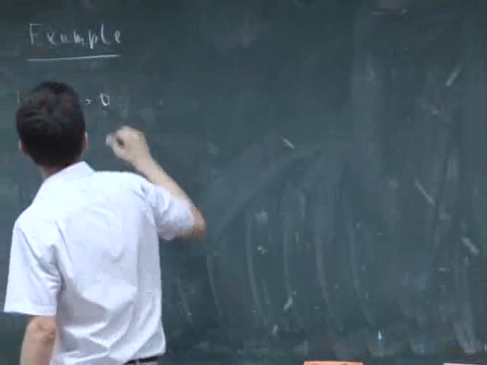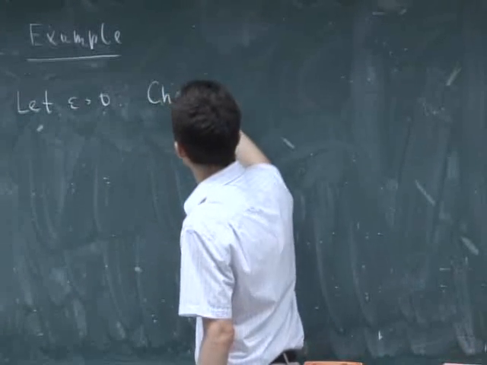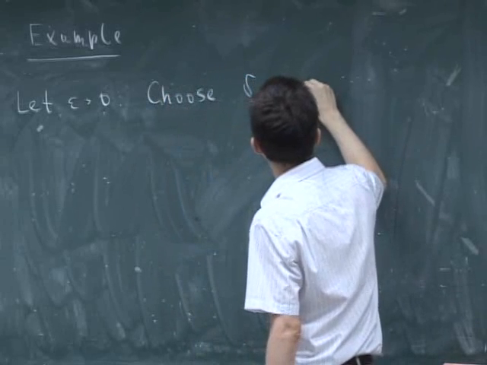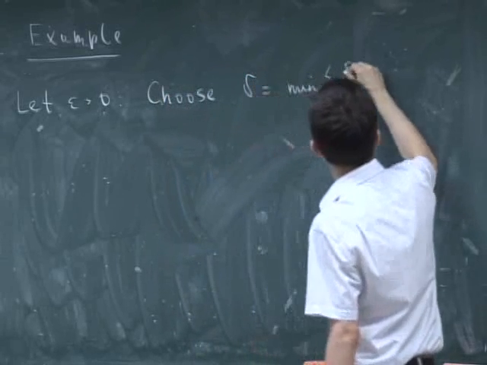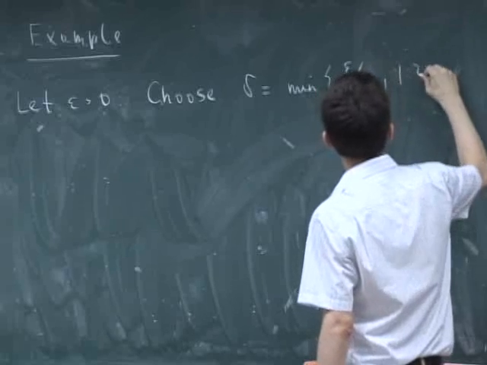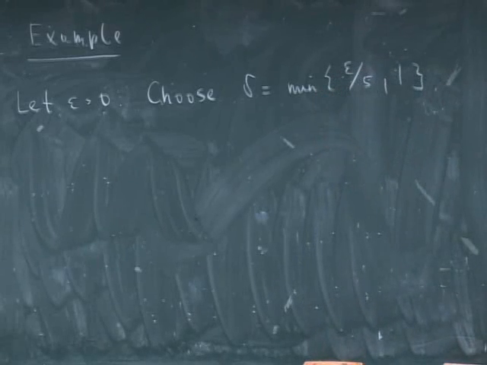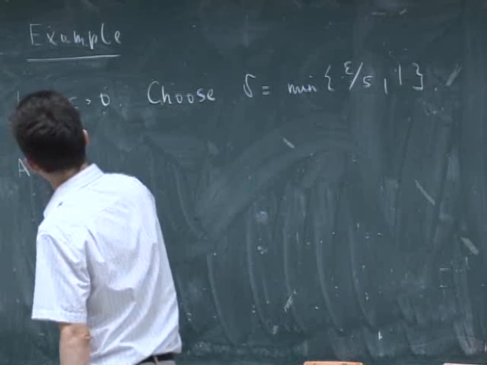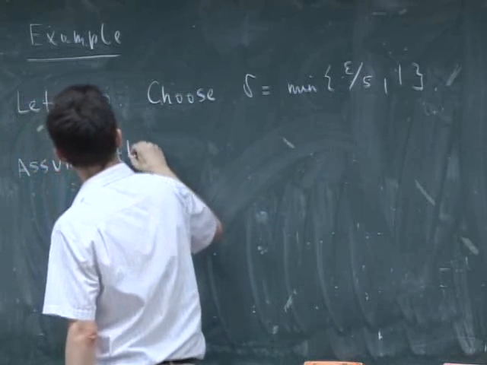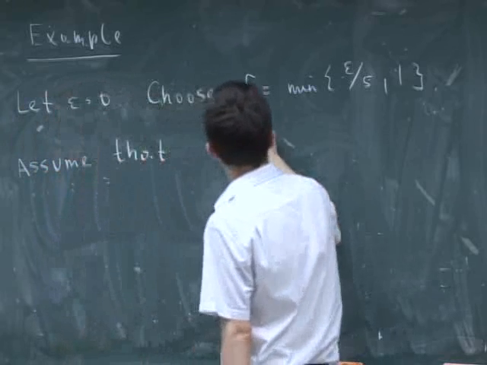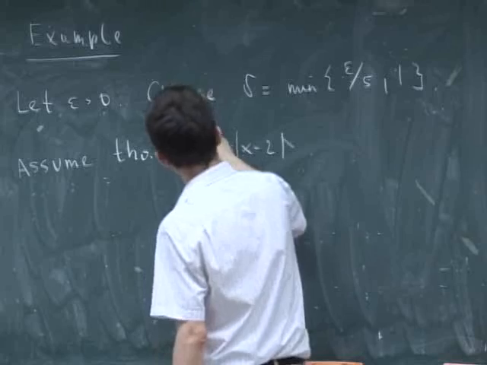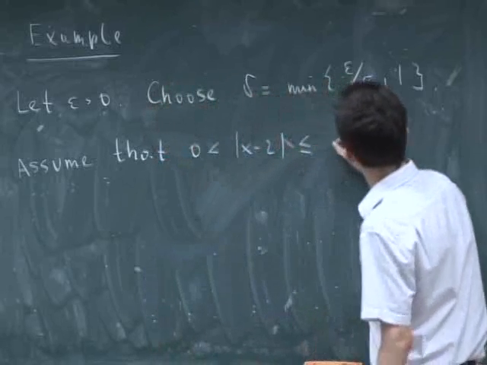Let epsilon be larger than 0. Choose delta to be equal to the minimum of epsilon over 5 and 1. Now, assume that the distance between x and 2 is larger than 0 and smaller or equal than delta.